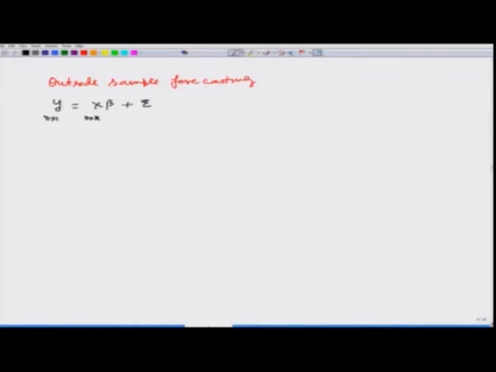Beta is a k cross 1 vector of regression coefficients, and epsilon is an n cross 1 vector of random error components, assumed to follow a multivariate normal distribution with mean vector 0 and covariance matrix sigma square I. Now, this is our basic model.